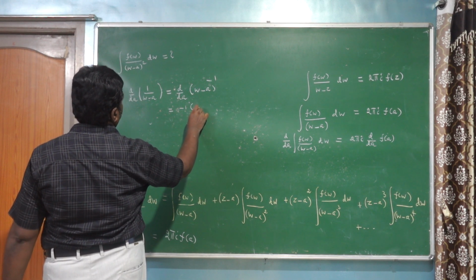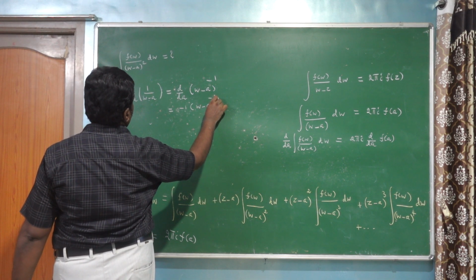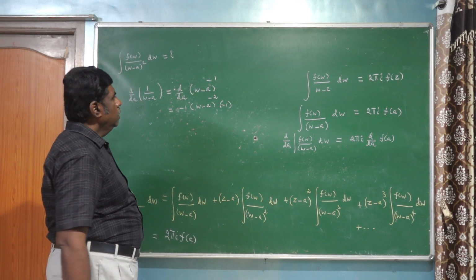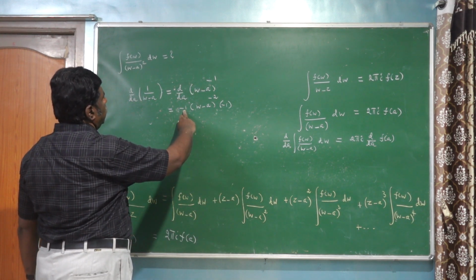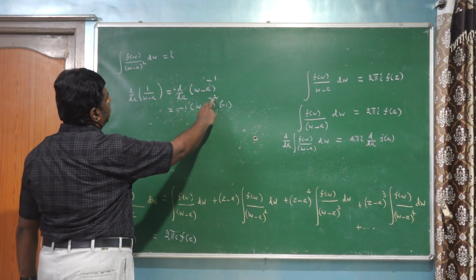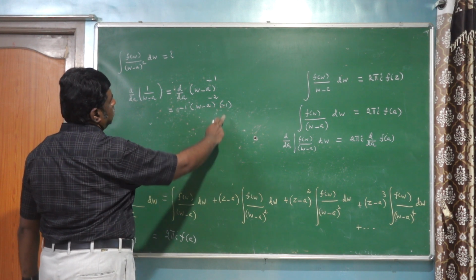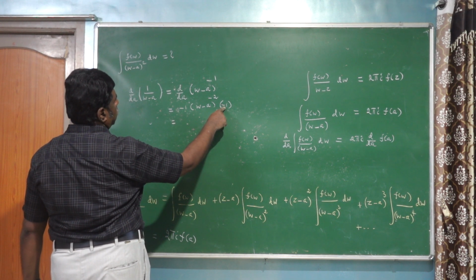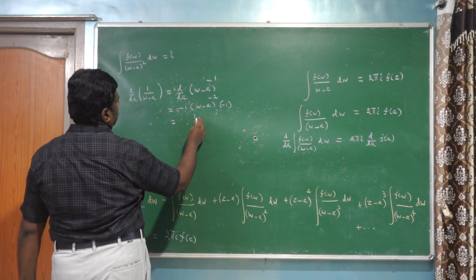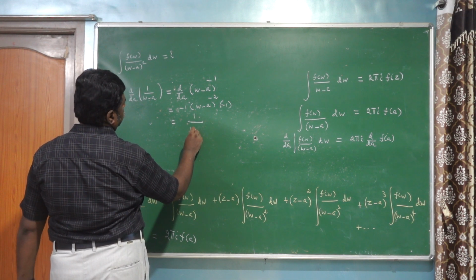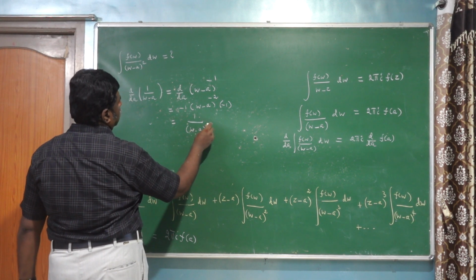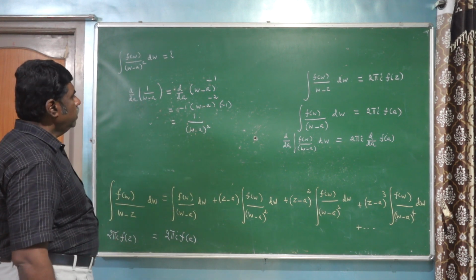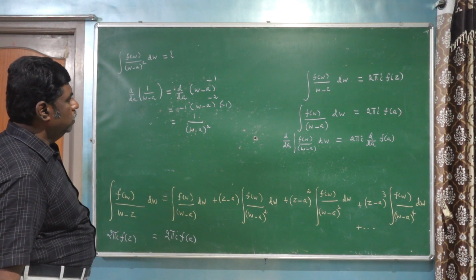If you differentiate this, minus 1 comes forward, multiplied by (w minus a) power minus 2, then differentiation of minus a is minus 1. So this is minus 1 into minus 1 plus 1, that is 1 divided by (w minus a) whole square.